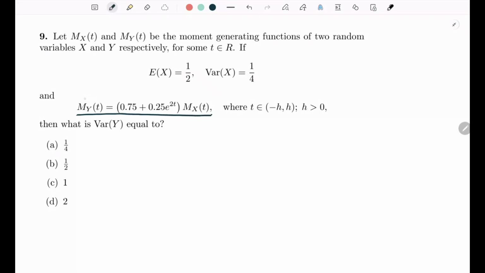This moment generating function of Y is given in terms of the moment generating function of X. Now, if we assume that this is also the MGF of some other random variable, let us write that M_Y(t) is equal to the product of two MGFs.